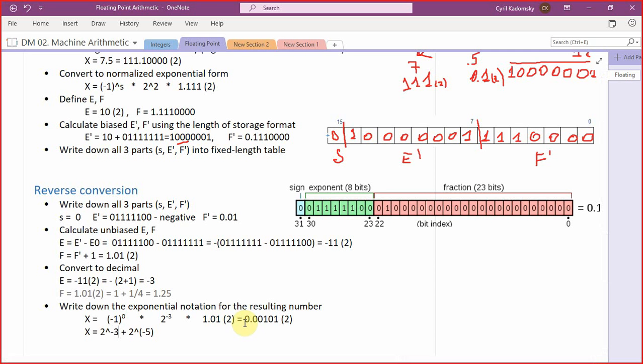We use the usual algorithm for converting using powers of 2. And we can calculate what this number is just using our calculator. And here the environment does it for me.